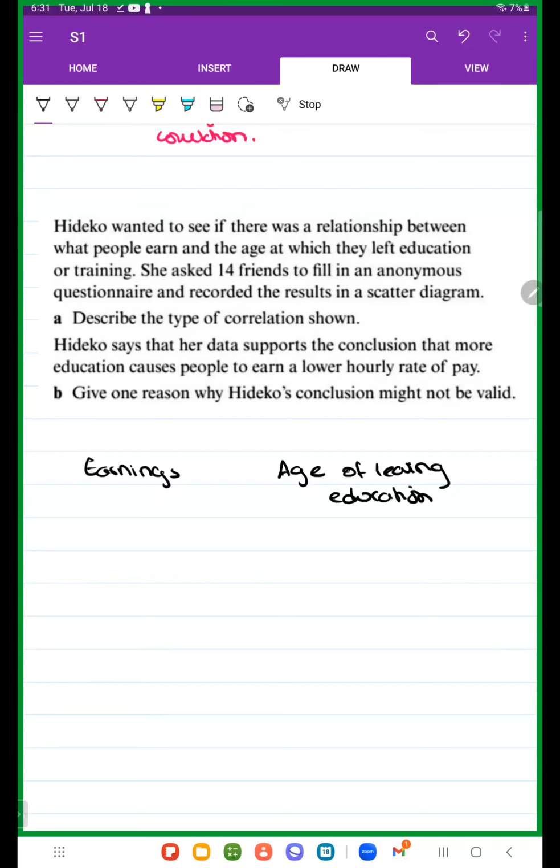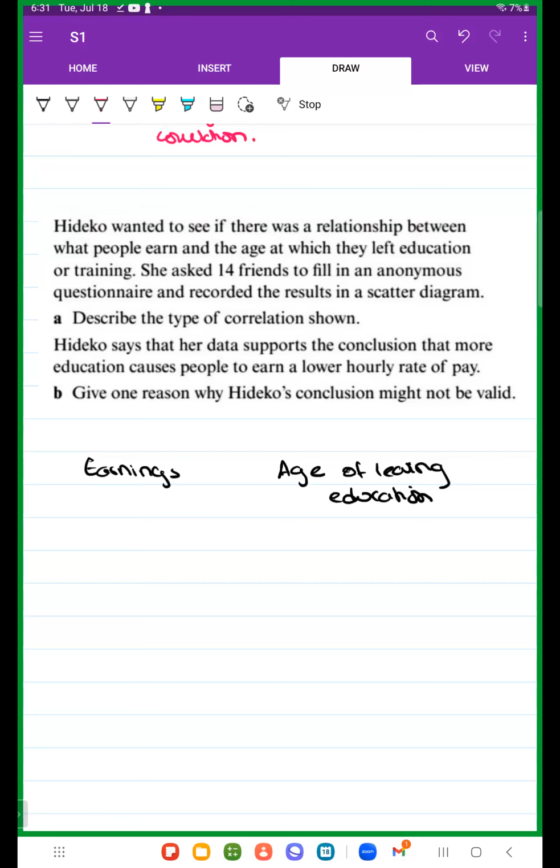Okay. So what is my IV and what is my DV? What do you think? Because they want to see what people earn, that's going to be your IV. That is my IV? No, that's your DV because it's depending on what age they leave at. Yes. So what is my DV?